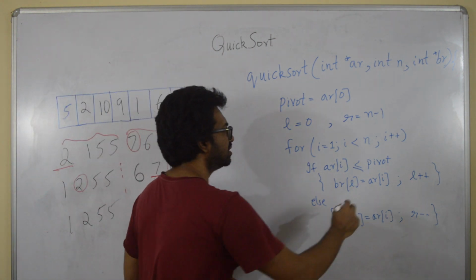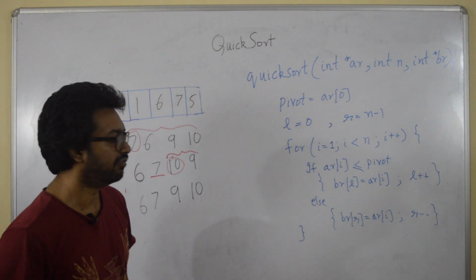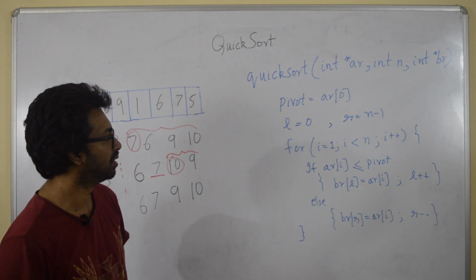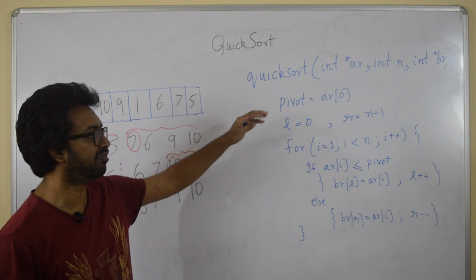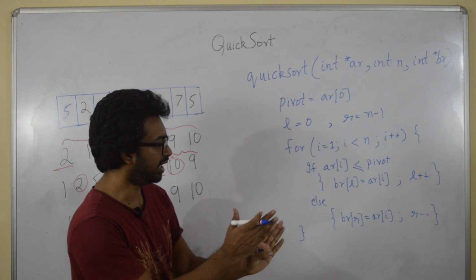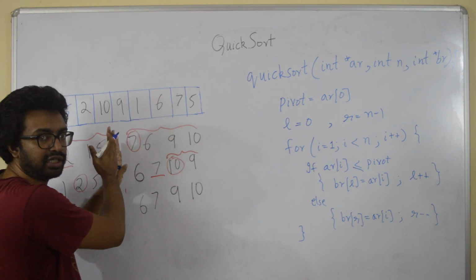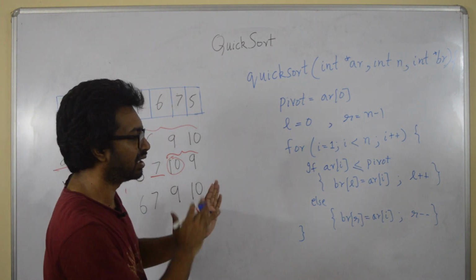And once we have finished this for loop, I have to put the value of the pivot. The L and R positions are going to collide at the blank spot where the pivot is supposed to be.